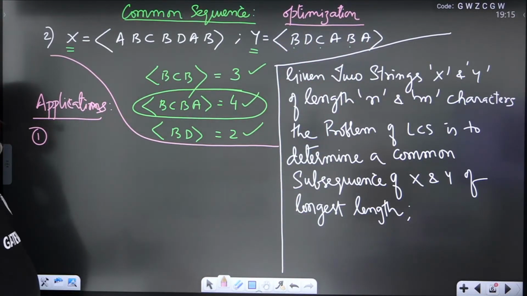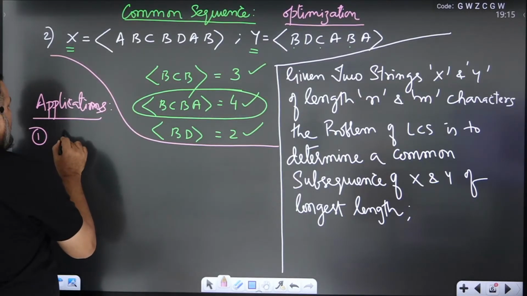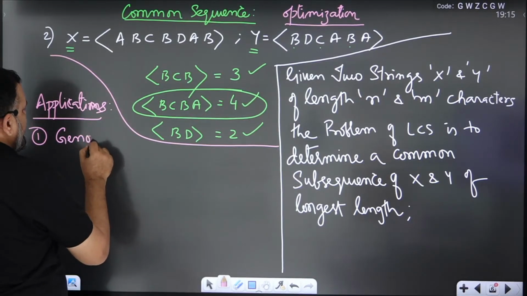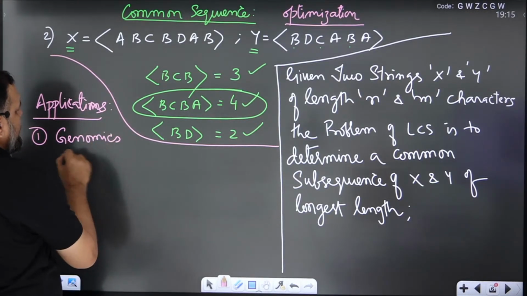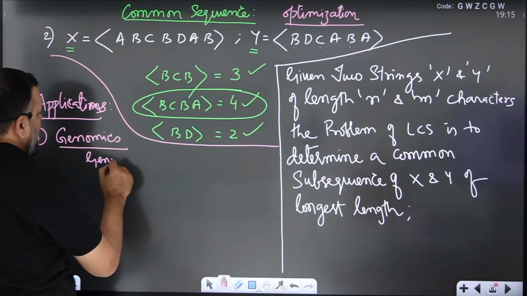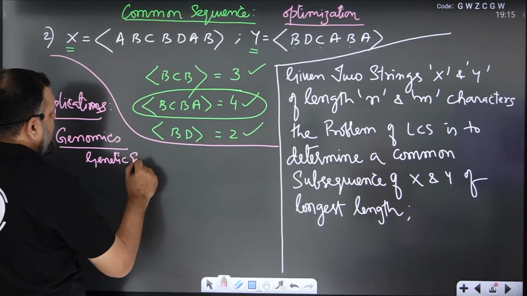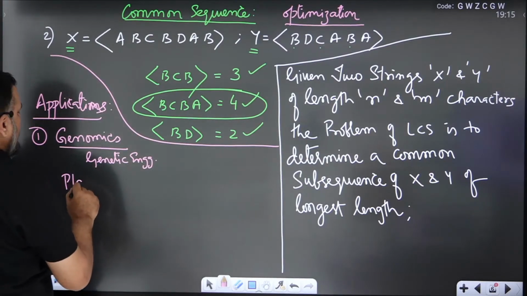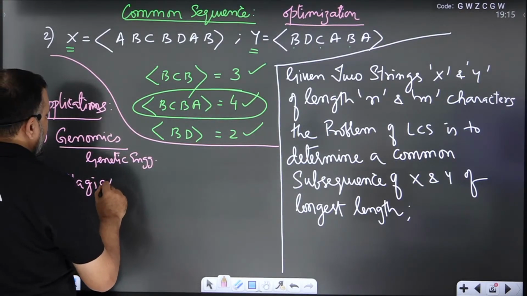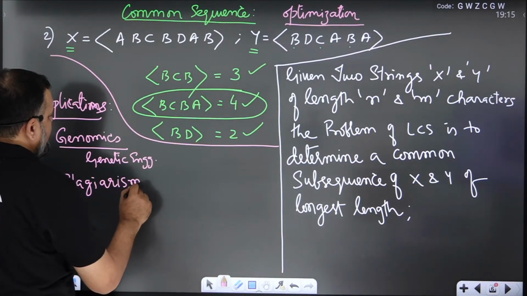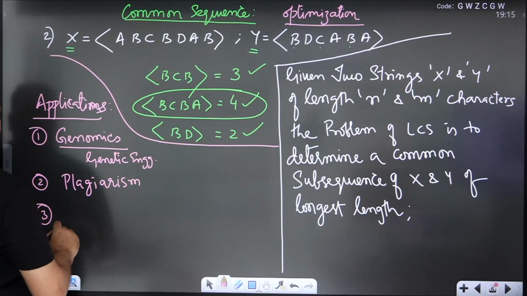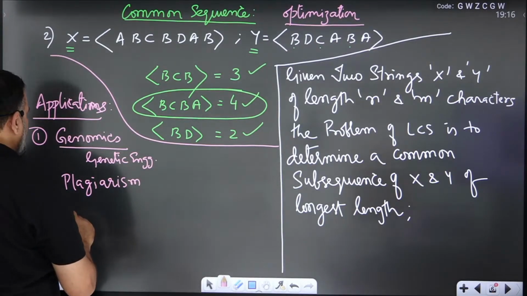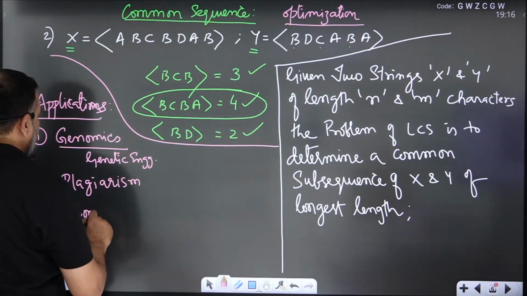Yes, many people have written. Number one, it is used in genomics, genetic engineering. I will talk about it. I will explain to you so that you remember, conceptualize. Secondly, it is used in plagiarism of software. It is used in basically like open source software testing.